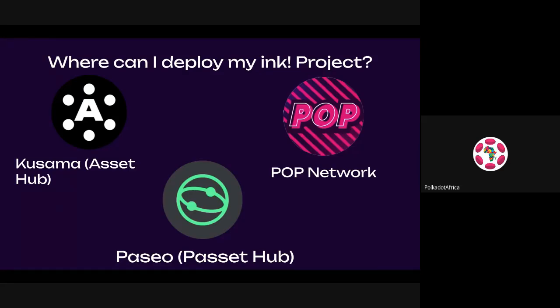So yeah, these are some of the networks you can deploy ink contracts on now, right? So like I said, ink is a smart contract programming language based entirely on Rust. In fact, it is practically Rust, right? It's called an embedded domain-specific language, which in layman terms means that we use Rust and something called macros, and we created a new language that is basically just Rust.